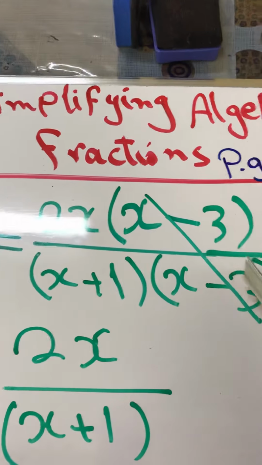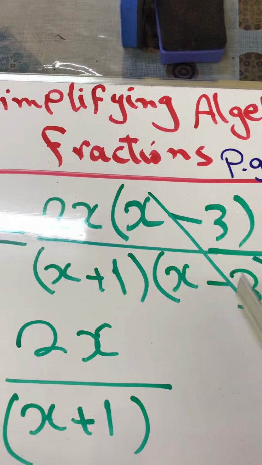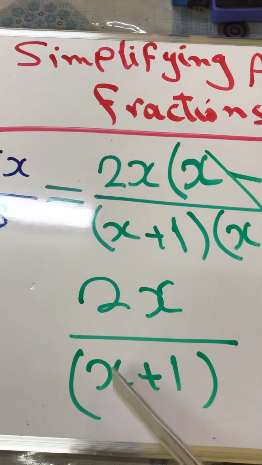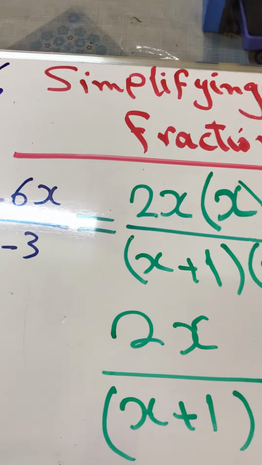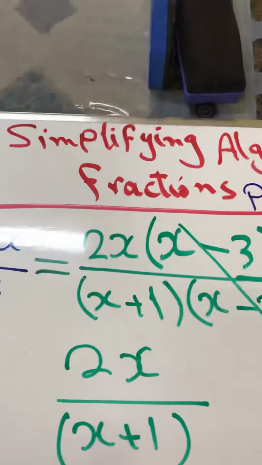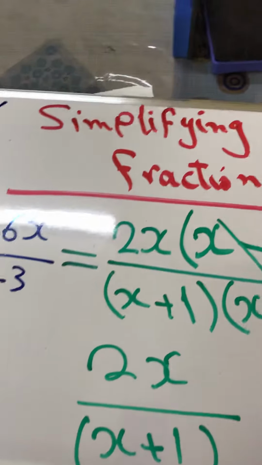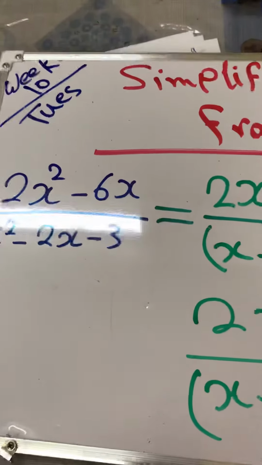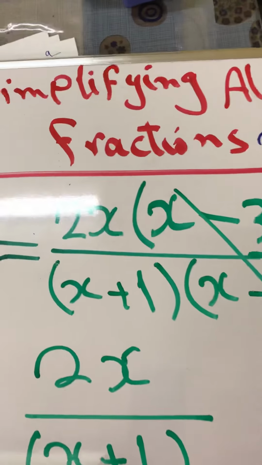So I'll cancel these two brackets, which gives 1, because anything divided by itself equals 1. Now what's left? 2x over x plus 1. So to simplify an algebraic fraction, you have to start by factorizing both numerator and denominator, then cancel.